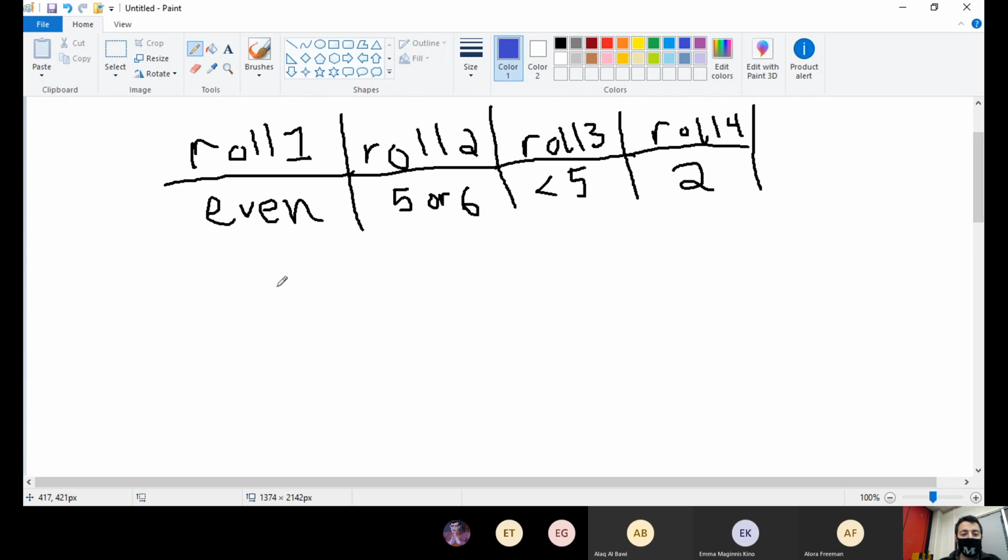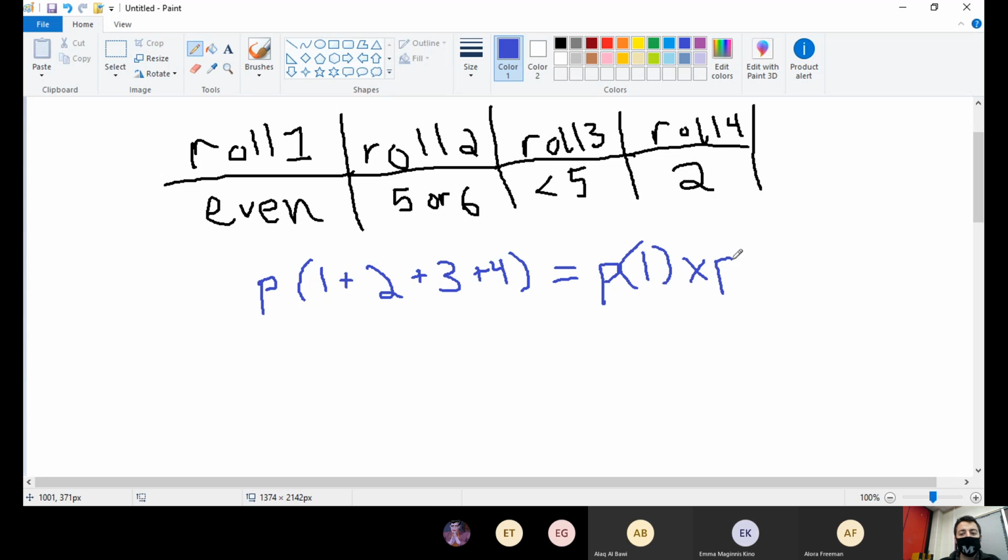Now, as I just said, the probability that the first thing happens and the second thing happens and the third thing happens and the fourth thing happens is just going to be equal to each of those individual probabilities multiplied by each other.